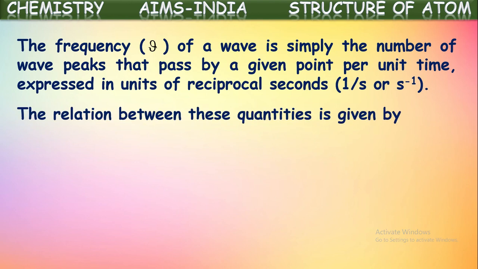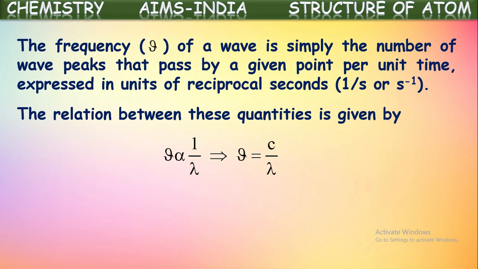The relation between these two quantities, that means the relation between wavelength and frequency: actually, frequency and wavelength are inversely proportional to one another. Mathematically, we can express it like this: nu is directly proportional to 1 by lambda. To remove the proportionality, we have taken a constant here.